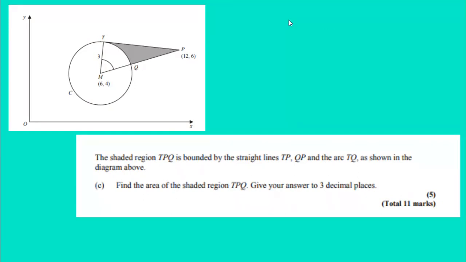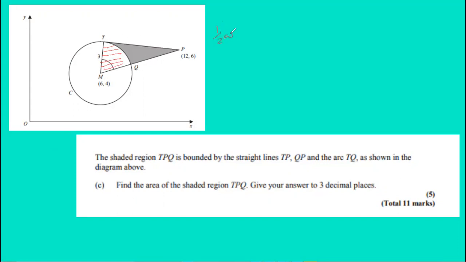Okay, so what we're going to need to do, and you need to think about what your strategy will be. So I can see, to me, the easiest thing to do is to find the area of this whole triangle and then just subtract the area of this sector. So to work out the area of the whole triangle, I can use half AB sine C.